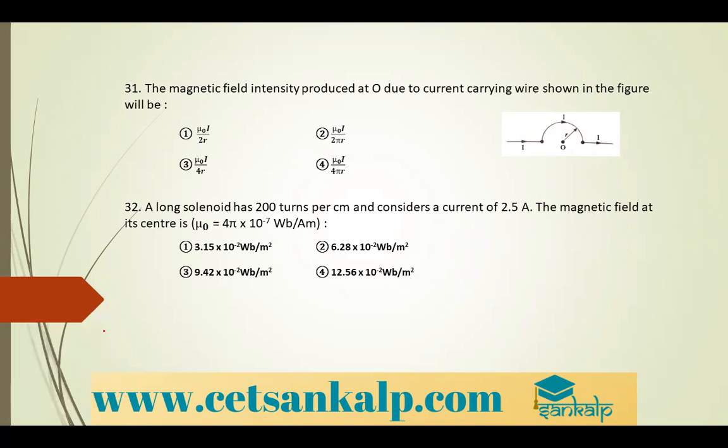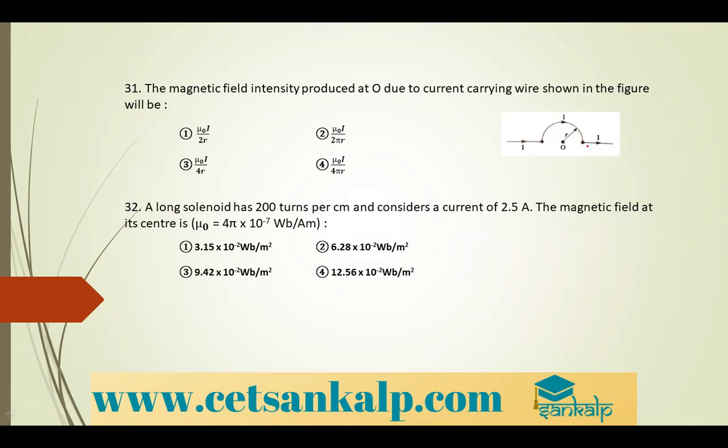Since the point O lies on the axis of the straight wires, you can see here it lies on the straight wires. So there is no magnetic field at O due to the straight wires.